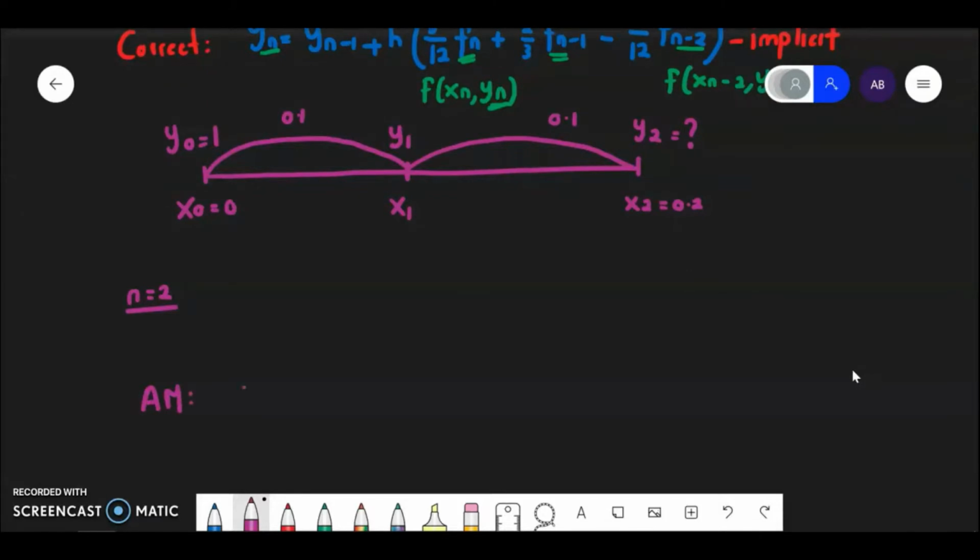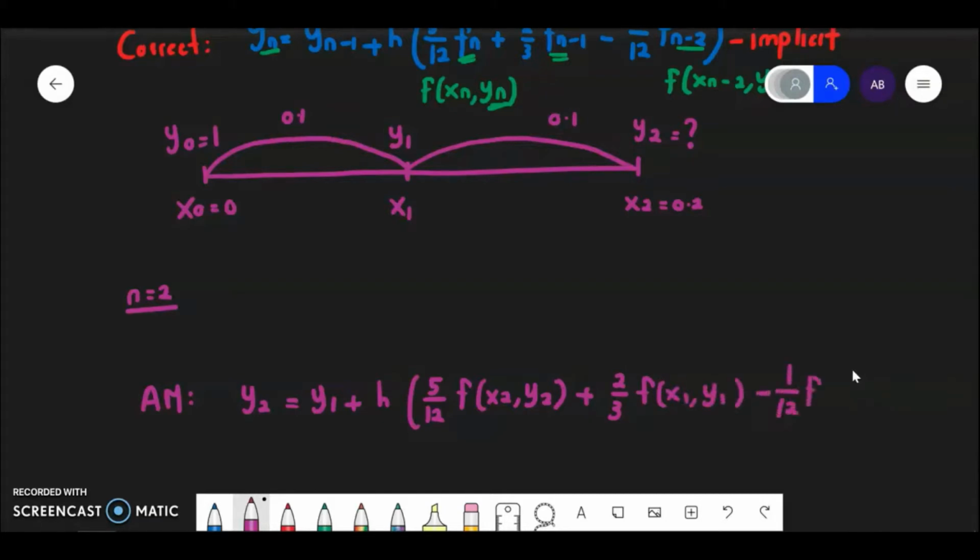I have y2 equals y1 plus h times 5 over 12 f at x2, y2 plus 2 over 3 f at x1, y1 minus 1 over 12 f at x0, y0.